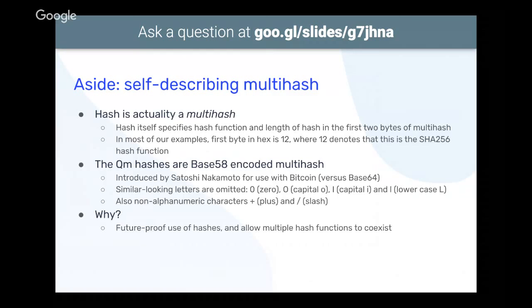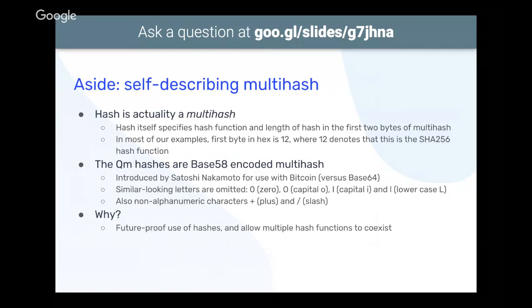And base58 encoding is something that came out of the Bitcoin project. It's sort of similar to base64 encoding, except it gets rid of things like zeros and O's and capital I's and lowercase l's and a few non-alphanumeric characters so that it's a little bit more human readable and it makes for better URLs and things like that.